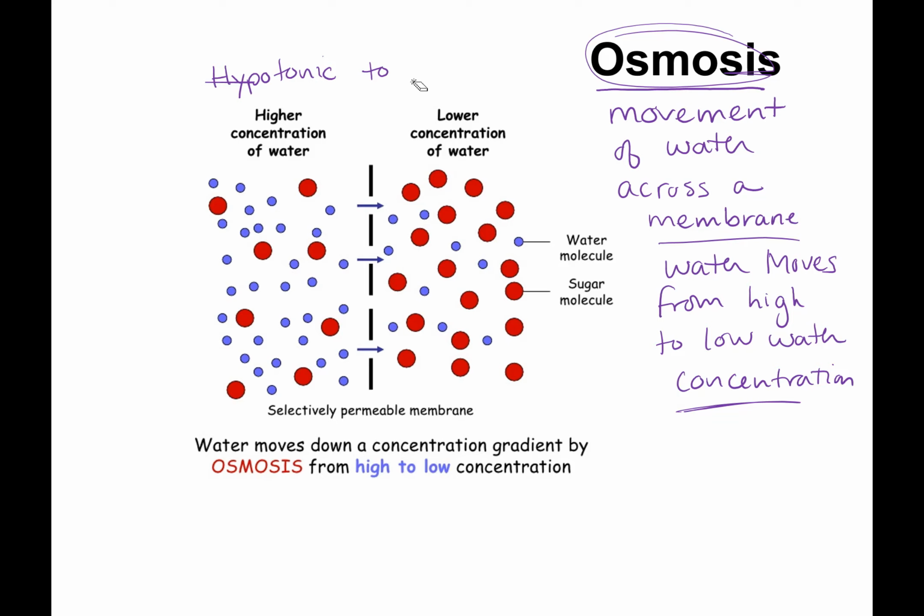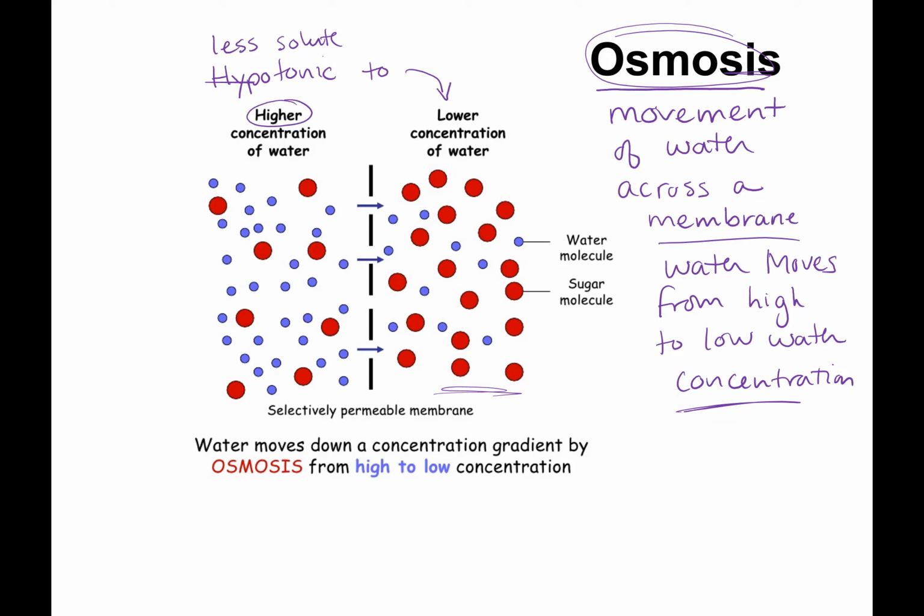Right? There's less solute, less red dots on this side of the membrane compared to this side of the membrane. If there's less solute, there's going to be more water.